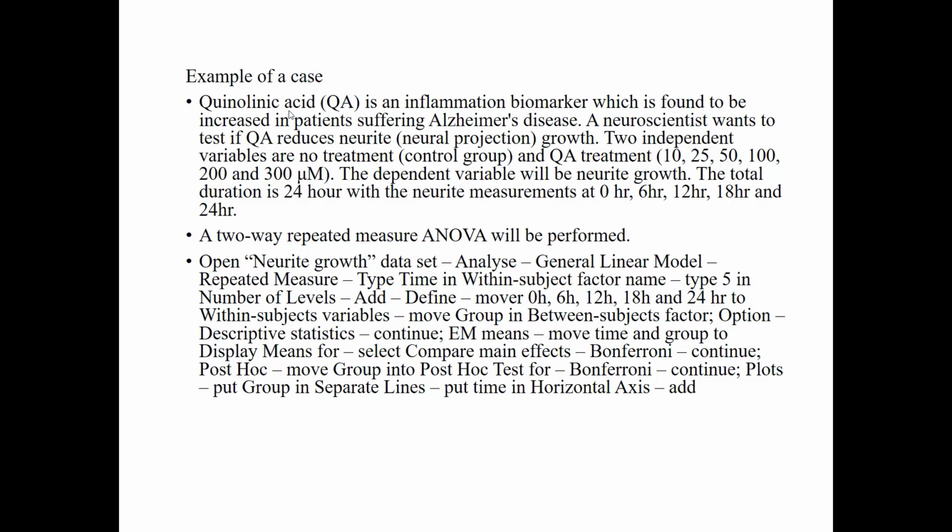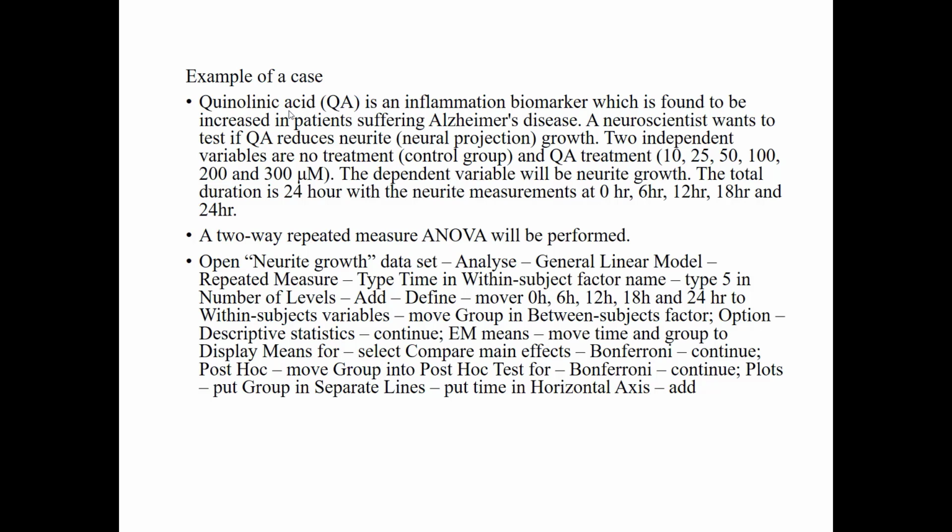You can measure this in the bloodstream or in the cerebrospinal fluid. A neuroscientist wants to test if this particular molecule, quinolinic acid, will reduce neurite outgrowth. Neurite is a neural projection for neural connectivity.